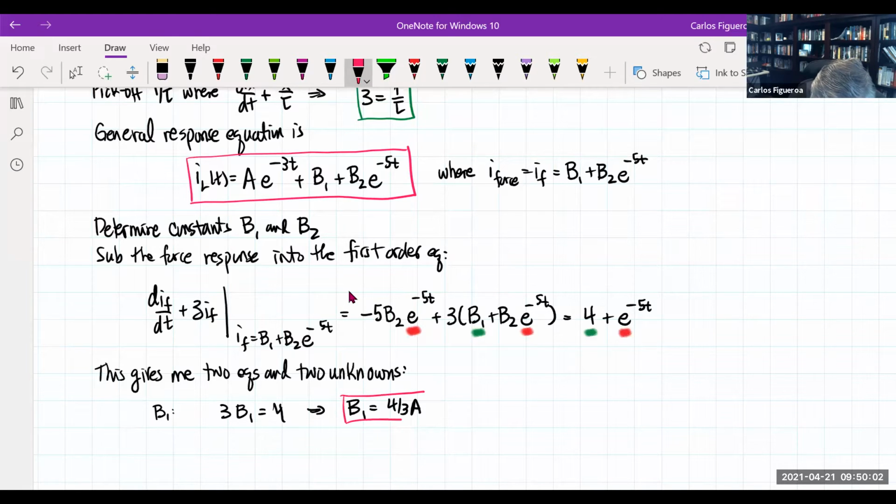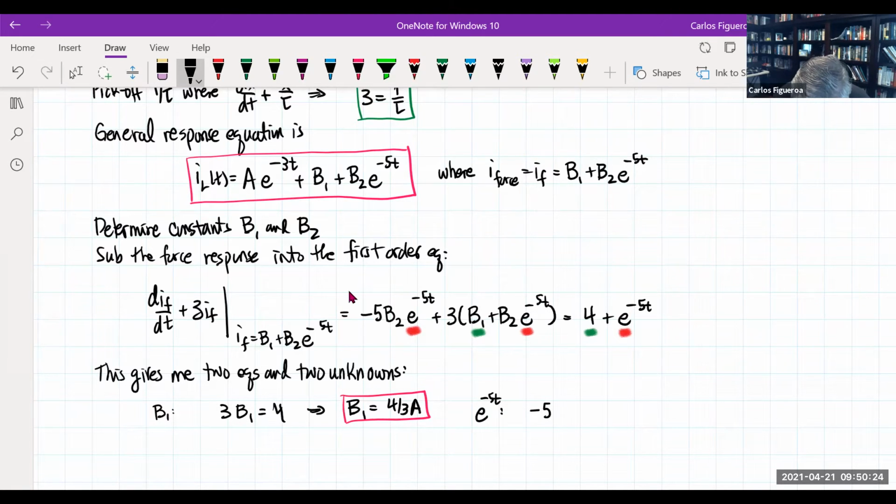Then let's look at the B2 term. The B2 term, you could see here, I'm going to get what? I'm going to get minus... oh, I said B2 terms. I really should say the e to the minus 5t terms is what I'm looking for.